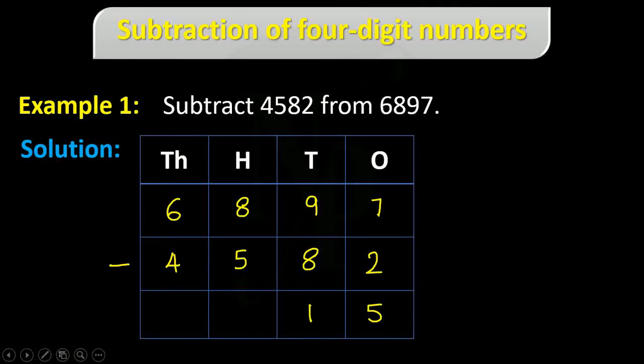And in hundreds column, we will subtract 5 from 8. On doing so, we will get 3 as difference. And then in thousands place, we will subtract 4 from 6. So we will get 2 as difference. So the difference is 2315.